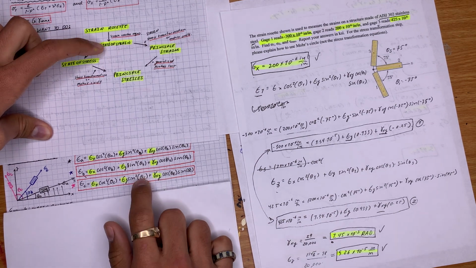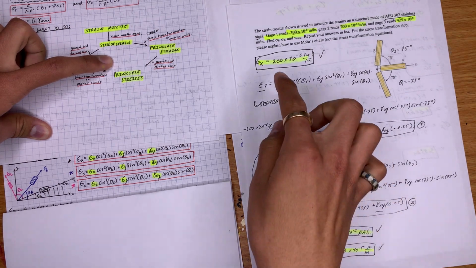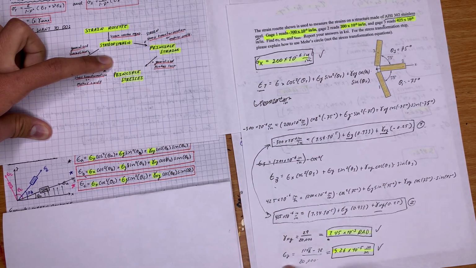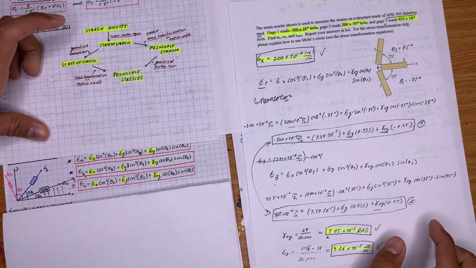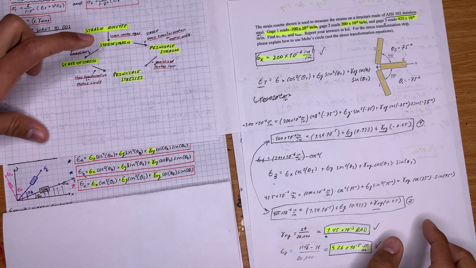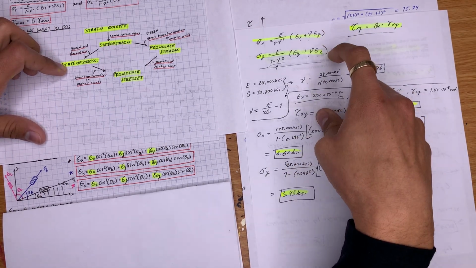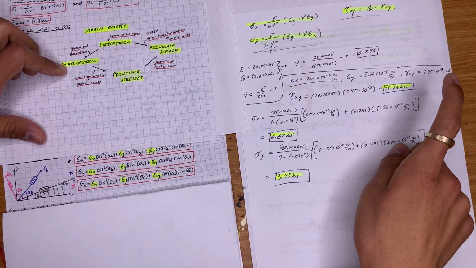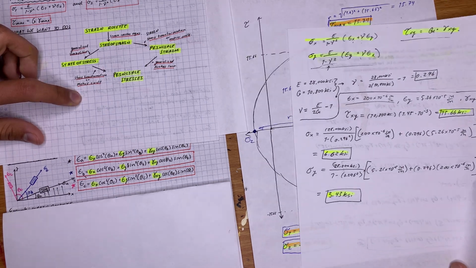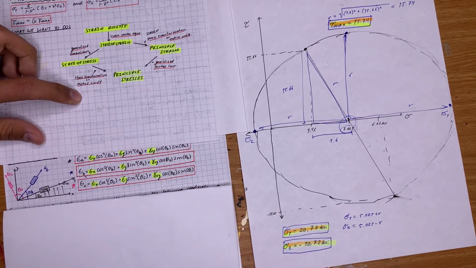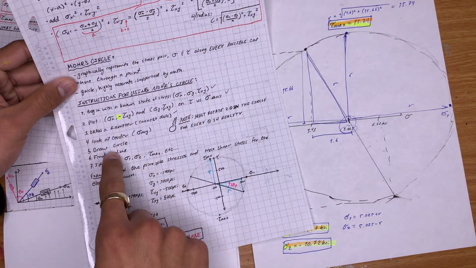Strain rosette equations, which are these, to find a state of strain: strain in the x, strain in the y, gamma xy. We're here now. We used generalized Hooke's law to go from a state of strain to a state of stress, shown here, generalized Hooke's law equations, and here is our state of stress. So now we used Mohr's circle, which the steps again, 1 through 7, shown here.